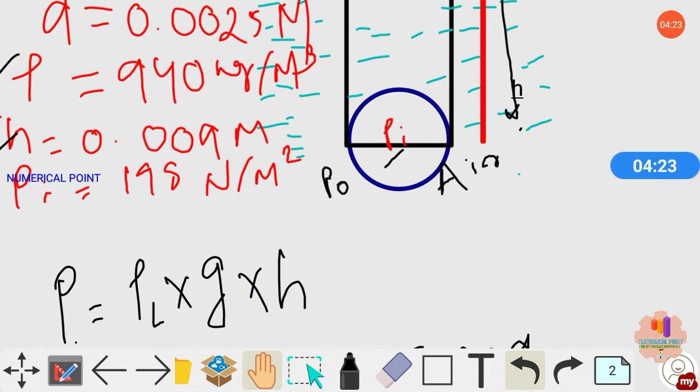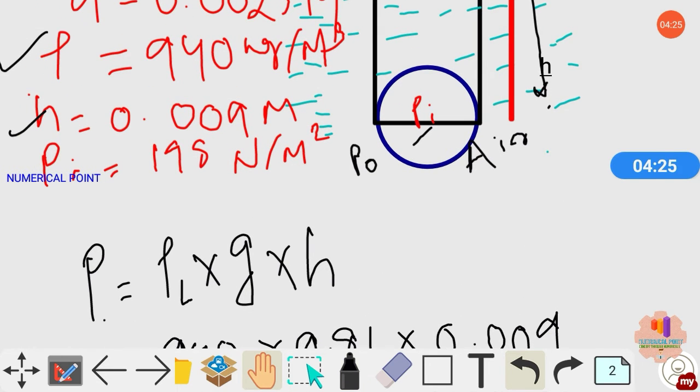We know Pi, we have found out Po. So let's put the Young's Laplace equation for air bubble.